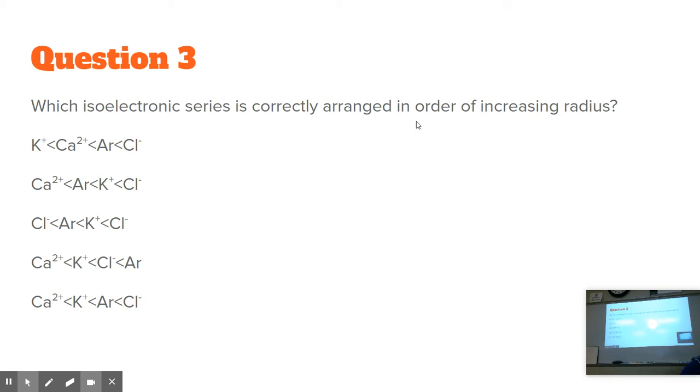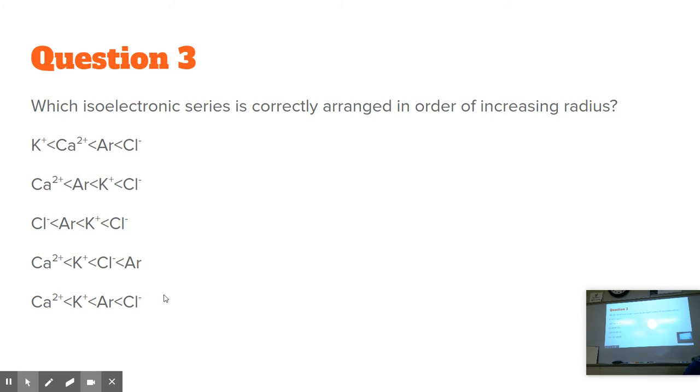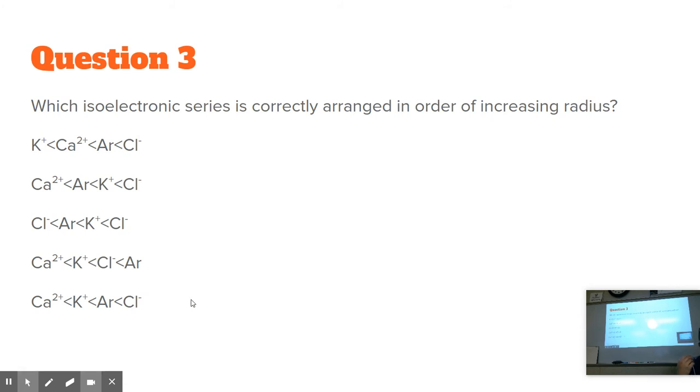We're dealing with the ions of potassium, calcium, the noble gas argon, and the ion of chlorine. All of these ions and elements should have the same number of electrons. We need to place them in order of smallest to largest radius.